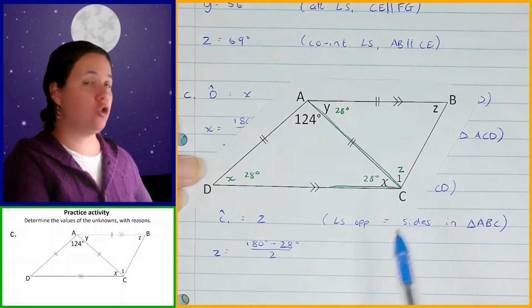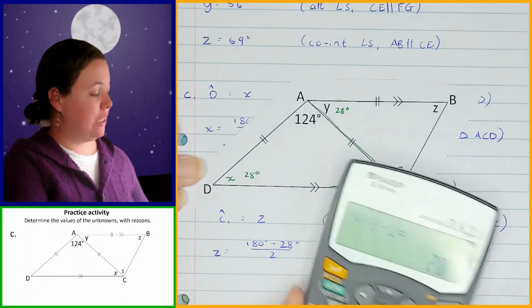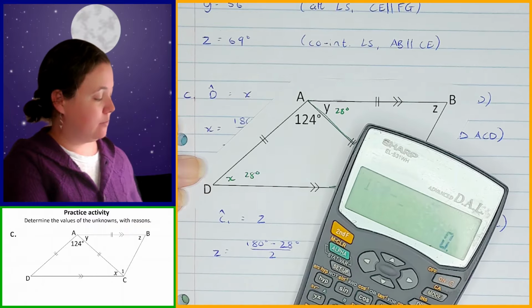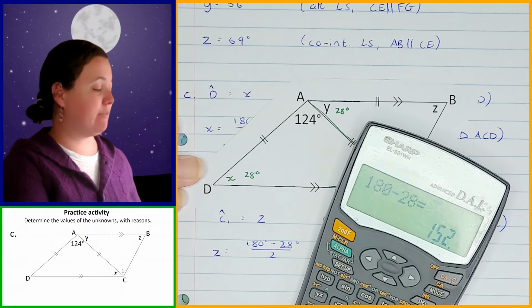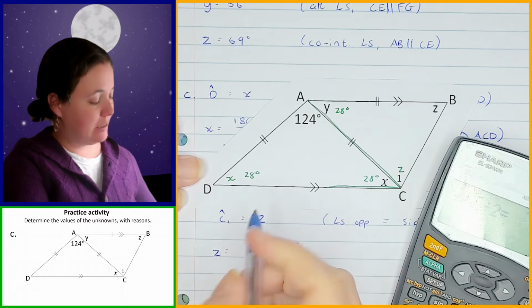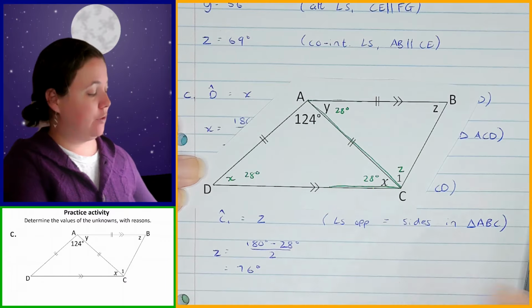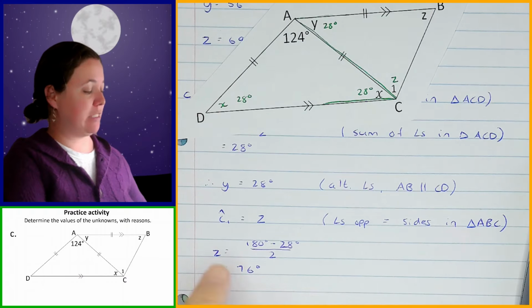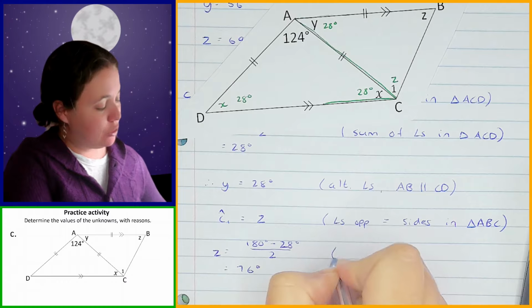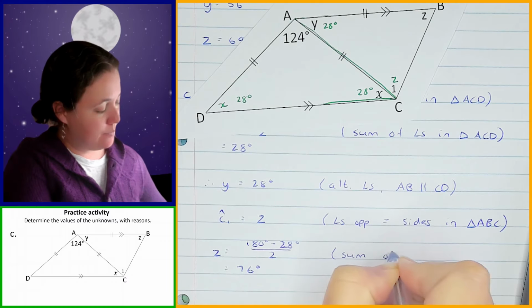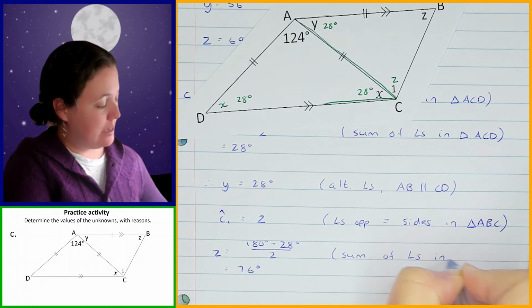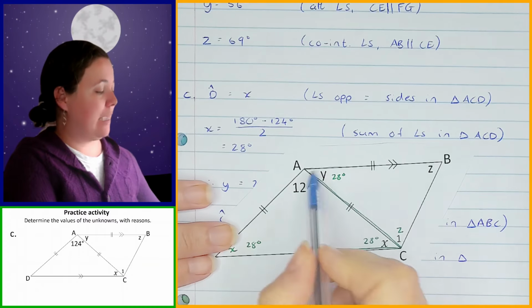Now I have to divide by 2 to get what 1Z is. So 180 minus 28, that gives me 152, and then I divide that by 2 and it gives me 76. So now I know that Z is 76 degrees. And the reason that I could say this is because of the sum of the angles in triangle ABC.